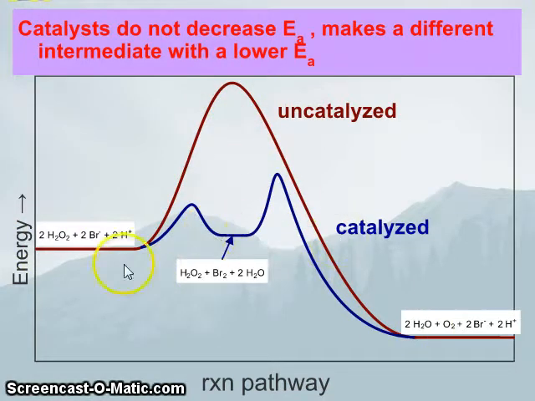But with the catalyzed reaction, we get that two-step reaction mechanism where the hydrogen peroxide reacts with bromine, and then we have that second one, but now we have a two-step mechanism where each energy of activation is much smaller than the original one, so following this reaction pathway, the reaction will go much faster. Good luck.